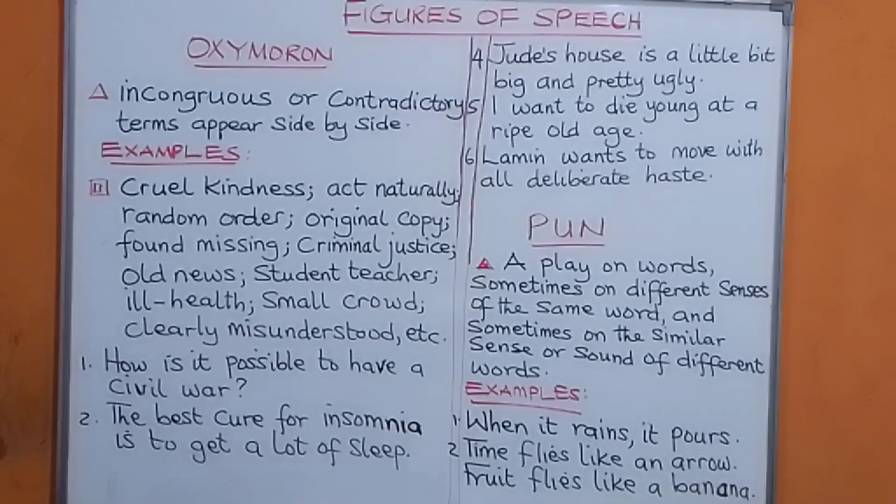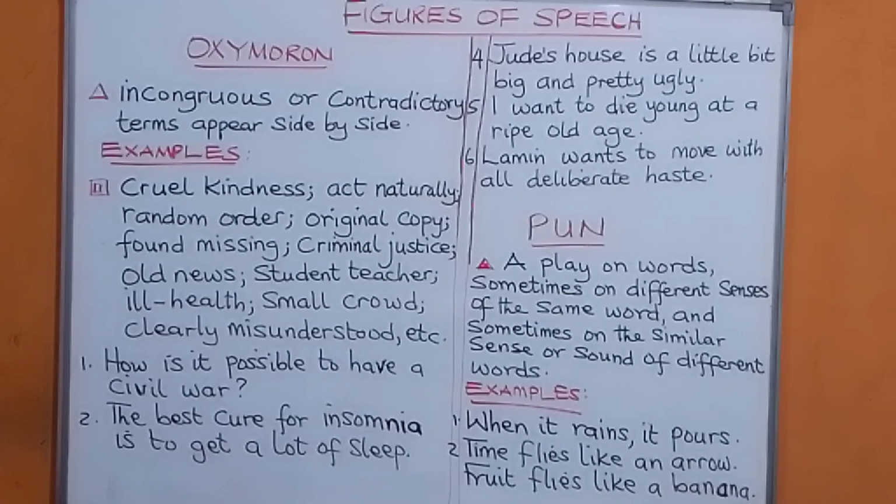Fruit flies like a banana. Flies. You are making a pun here. That is a pun, a play on words, sometimes on different senses of the same word, and sometimes on similar sense or sound of different words. When it rains, it pours. Time flies like an arrow. Fruit flies like a banana.